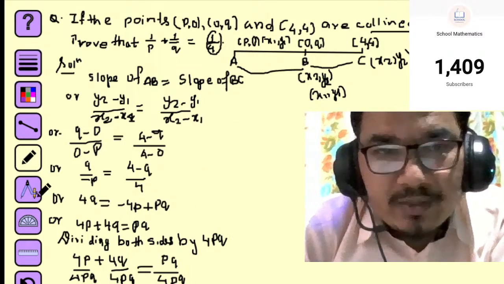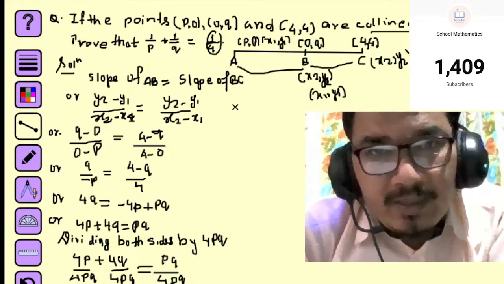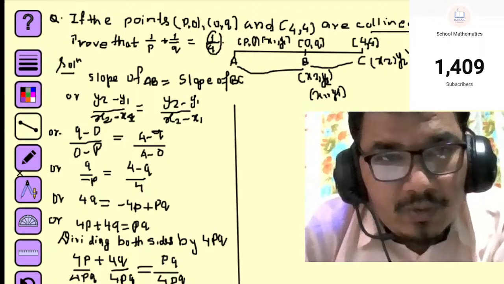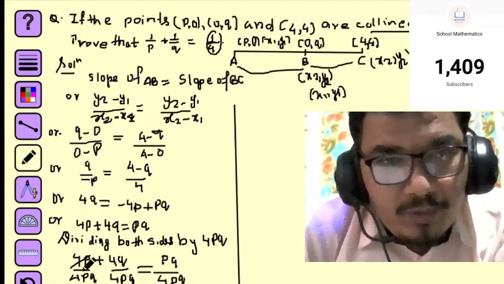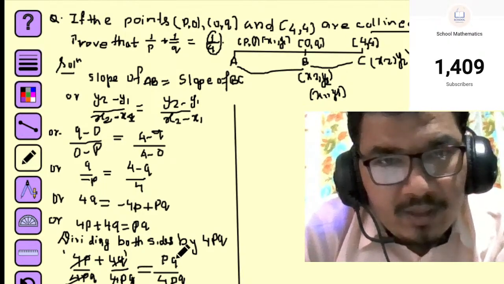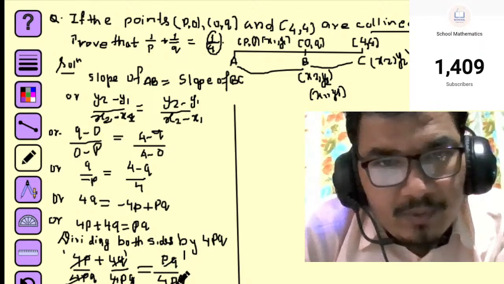Now when you cancel, look here children, what will remain? 4p cancels with 4p, leaving 1, and 4q cancels with 4q, leaving 1 by p, and the pq cancels with pq.